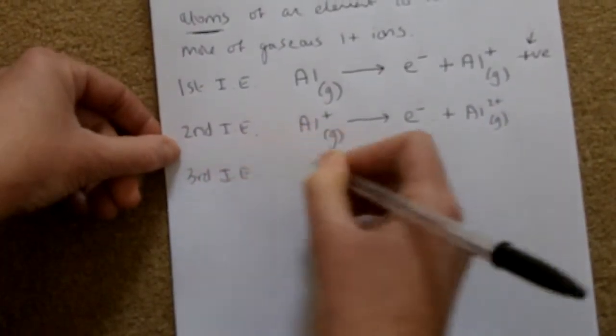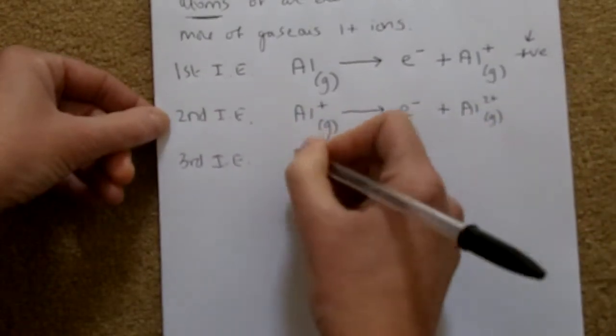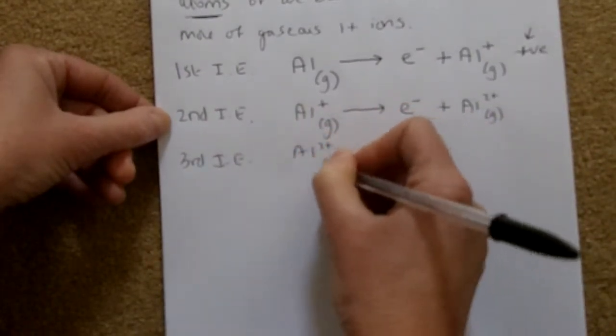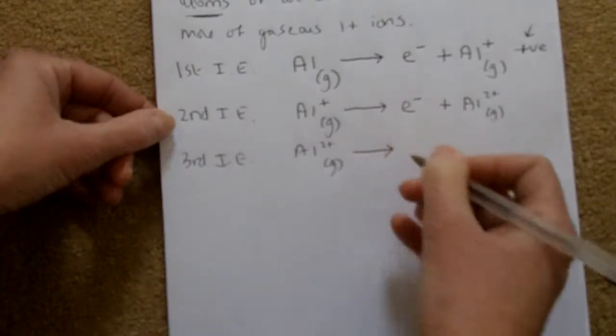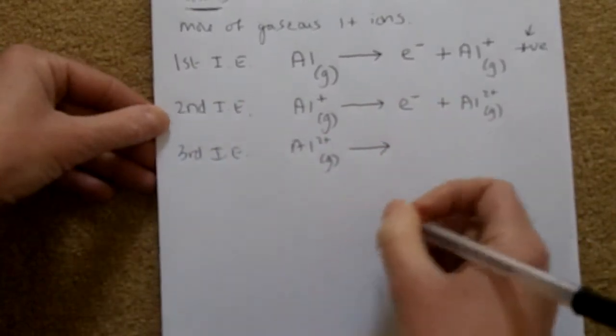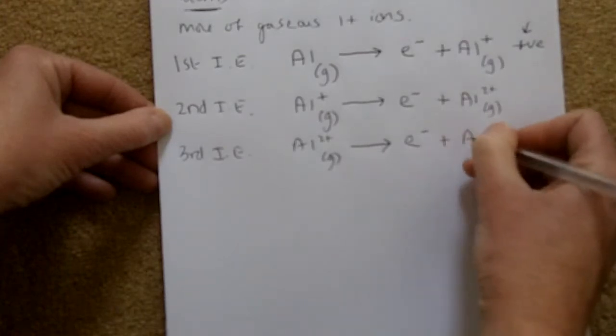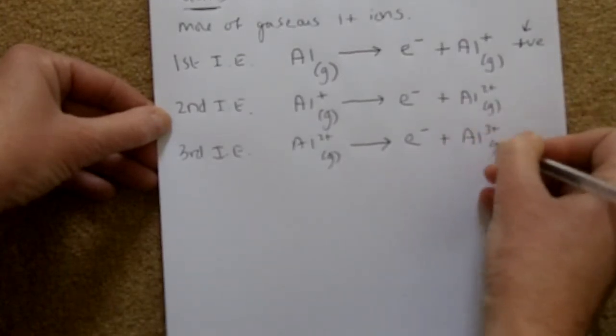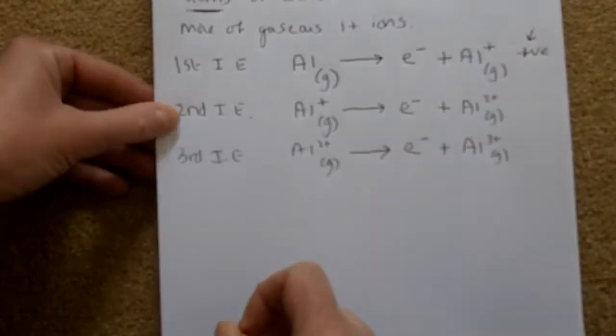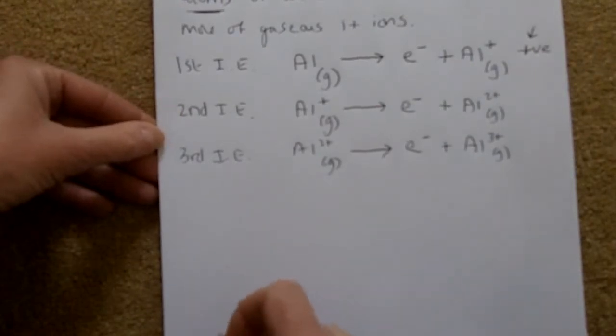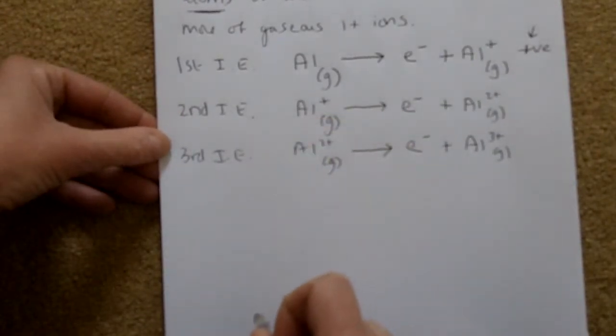Third ionization energy: take the aluminium 2+, gaseous state, you've got to have the state symbols, otherwise you will not get the mark. Plus an electron, now you've removed another electron, and this can carry on until there are no more electrons left. You just carry on removing them.